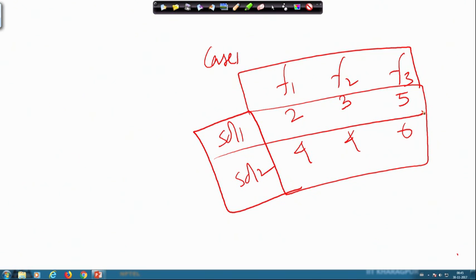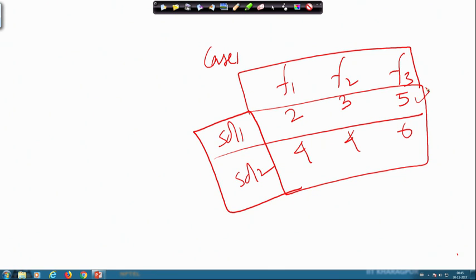Now, in this case, f1, f2 and f3 are all to be minimized. If we compare solution 1 and solution 2, then condition 1 is satisfied for solution 1, since it is no worse than the other solution in any objective function.